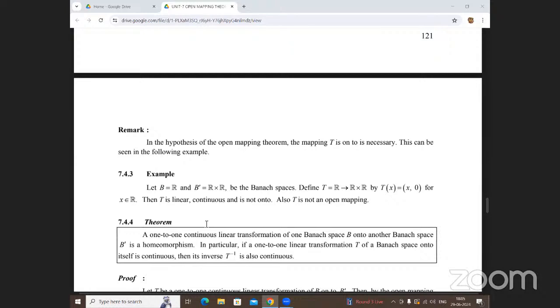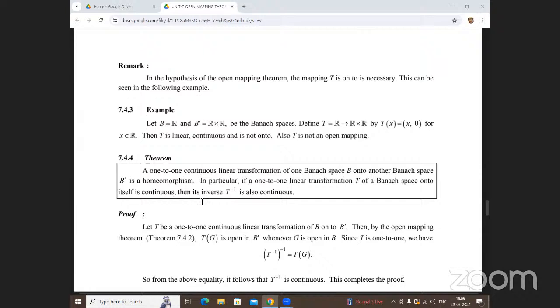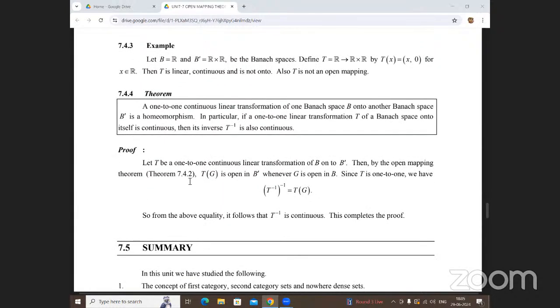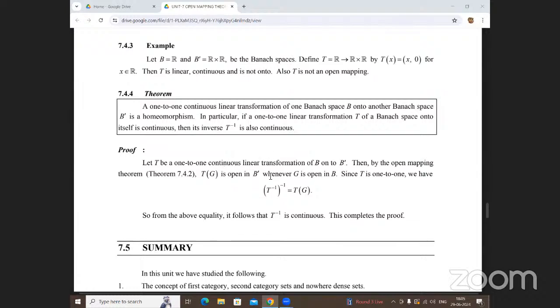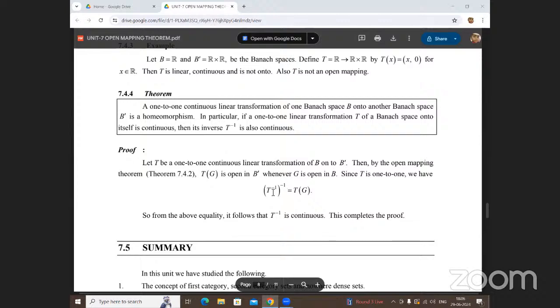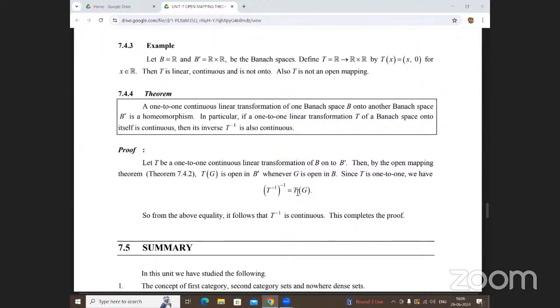T is a continuous linear transformation from B onto B dash. Then T is an open mapping. That is the simple statement of the open mapping theorem. Replacing that statement: the transformation T of G is open in B dash whenever G is open in B. Since T is one-to-one, we get the inverse, so T of G is there.